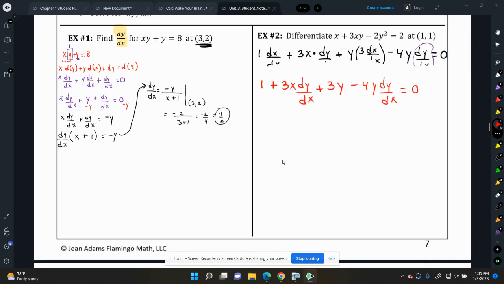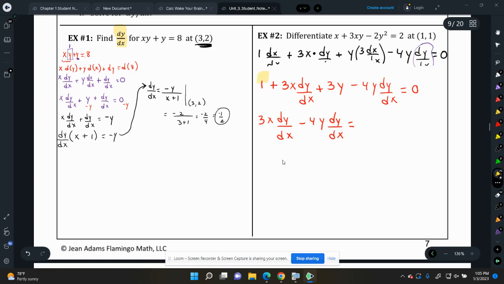Okay, so now we're trying to solve for dy dx at the point 1, 1. So I've got 3x dy dx minus 4y dy dx. I'm going to get my dy dx's all on one side and move anything that's not dy dx to the other side. So that's going to be equals negative 1 minus 3y.